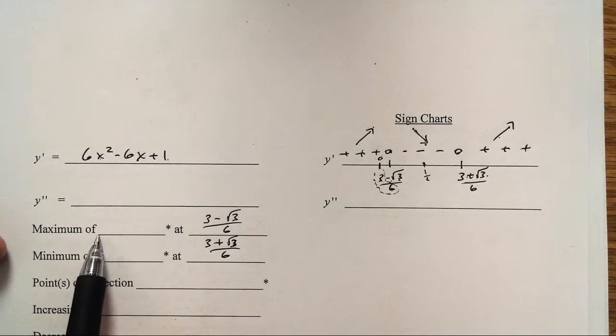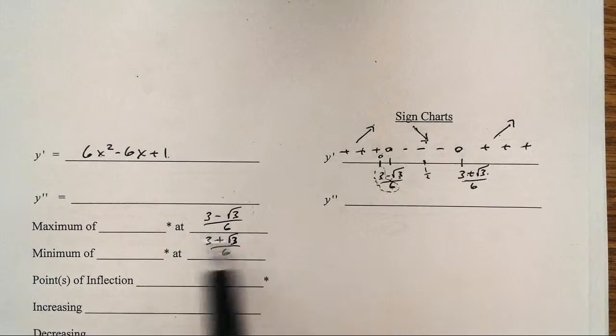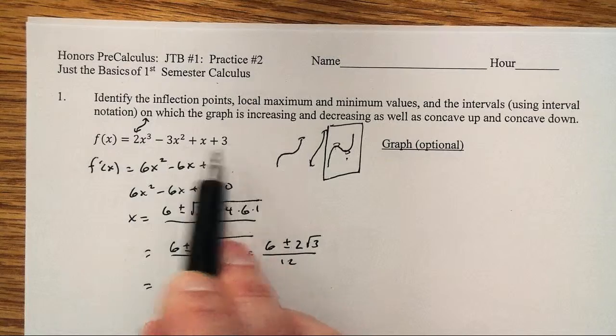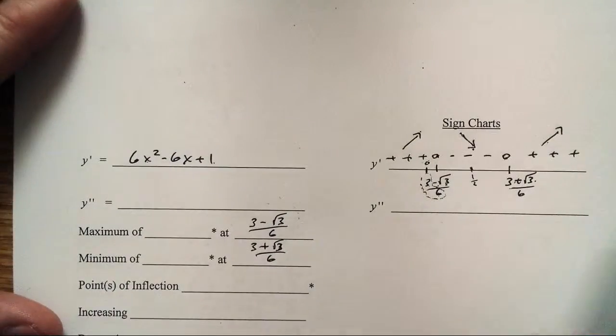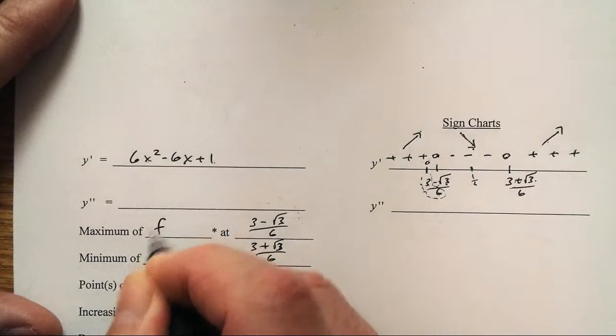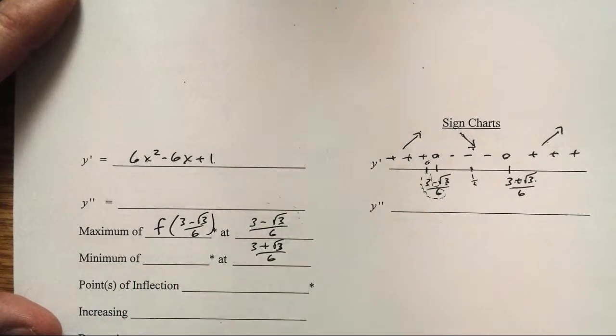Now, what is the maximum there? We could take this x value, messy as it is, and put it in the original function to find the y value. We could perhaps go to our calculator, or we could just say it's going to be whatever f of 3 minus square root of 3 over 6 is.